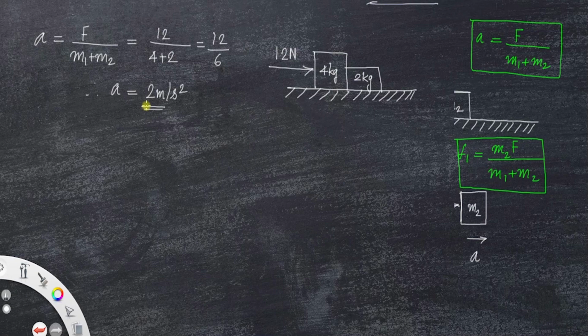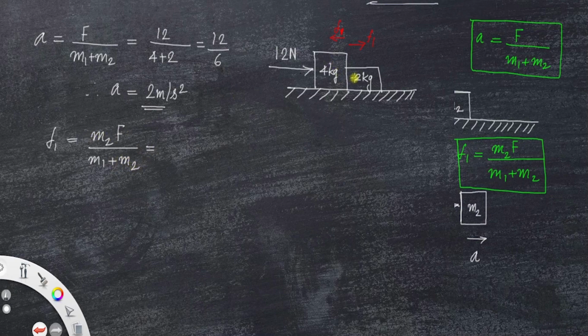Now we need to find the force acting between these two masses, that is F1 acting towards right and there is an F1 reaction towards left. So F1 is equal to, we know the equation, M2 F divided by M1 plus M2.